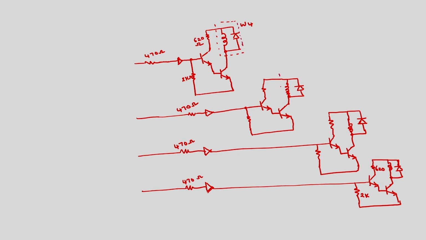This is W3. This is 620 ohms, 2 kilo ohms. These points will be grounded.